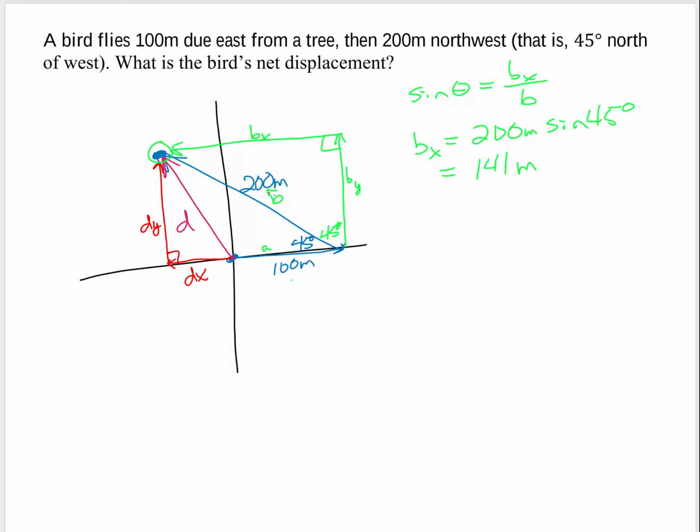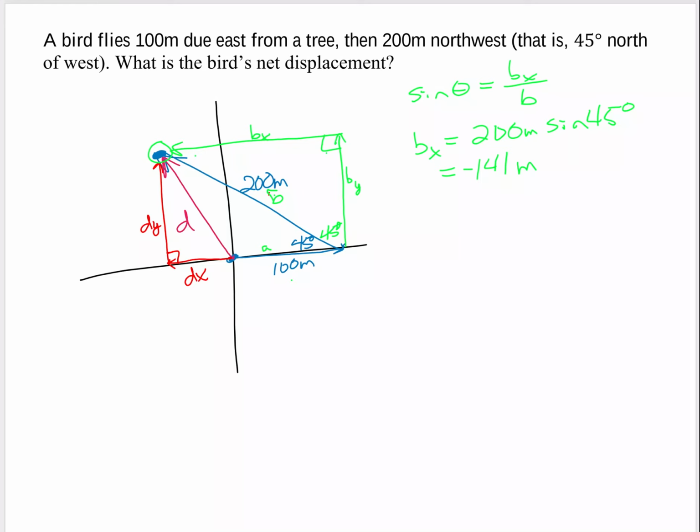Now, b sub x, though, is going to the left. So the magnitude is 141, but the vector is negative. Okay, now, this is 45 degrees and this is 90, so what's this angle over here? 45. Also 45. So what do we know about b sub y? If the angles are both 45, what do we know about b sub x and b sub y?